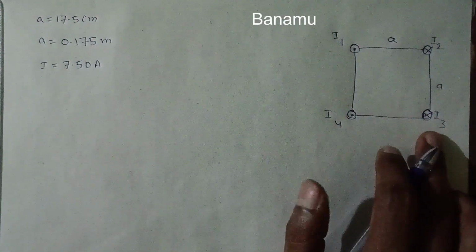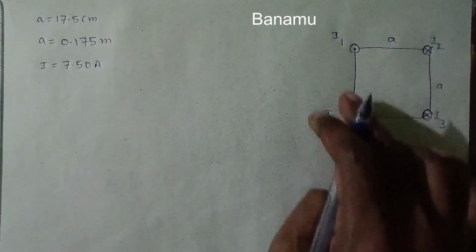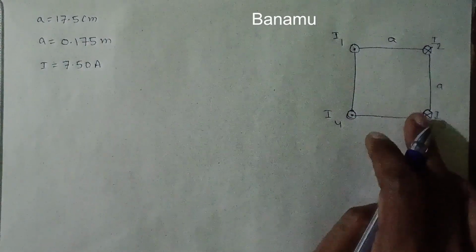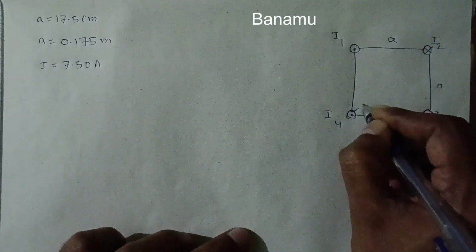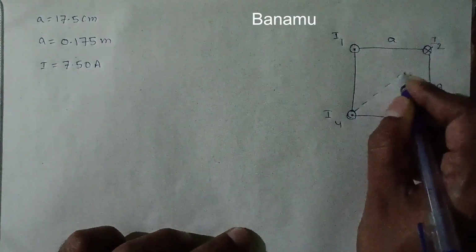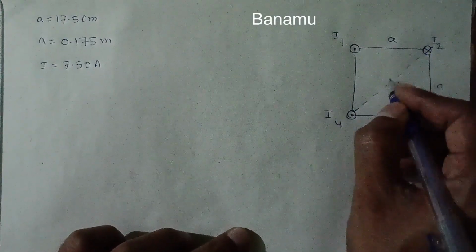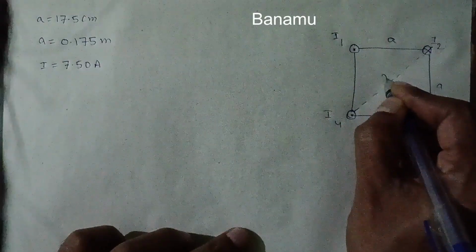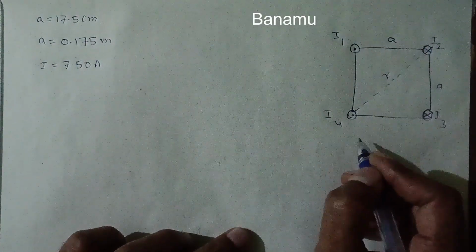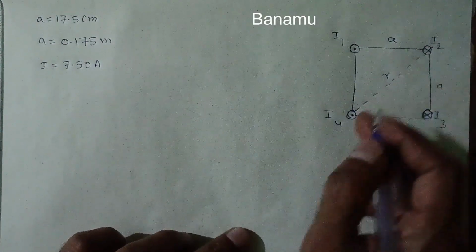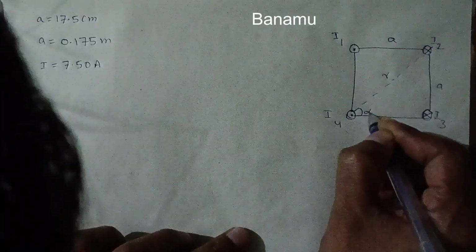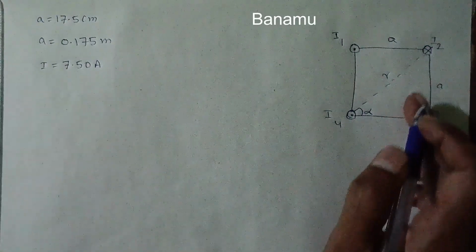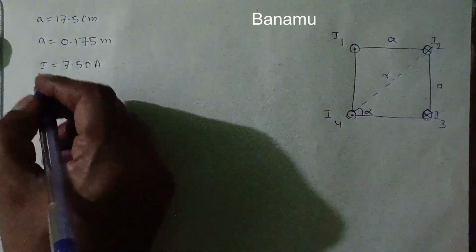The distance between wire 1 and wire 4 is a. The distance between wire 2 and wire 4 is R, and the angle between this line and the horizontal is alpha.